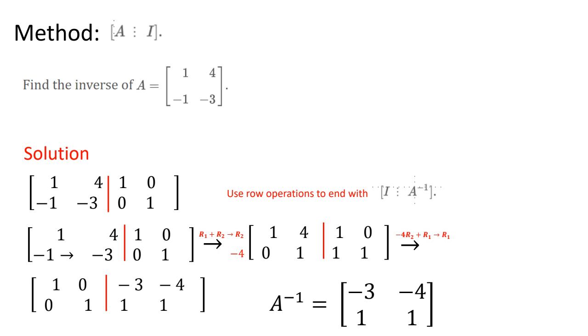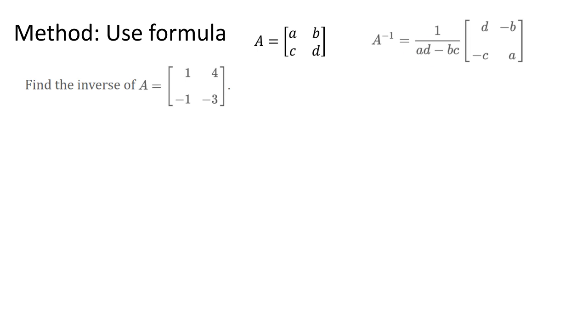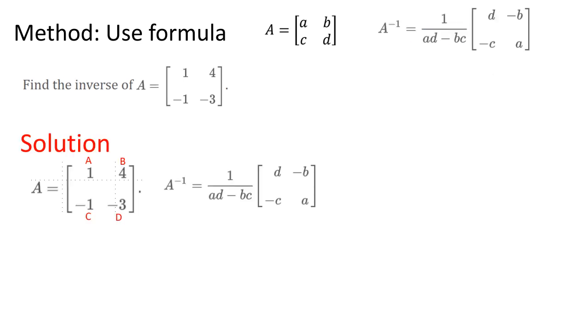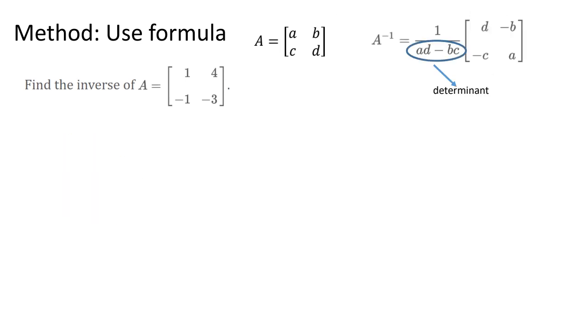Okay, so is there an easier way to do this? Yes, you can use the second method. Actually, let me go back here. So the second method is if you have a matrix, we're going to use this formula here where we're going to have 1 divided by, you're going to multiply A times D minus B times C. We call that the determinant.